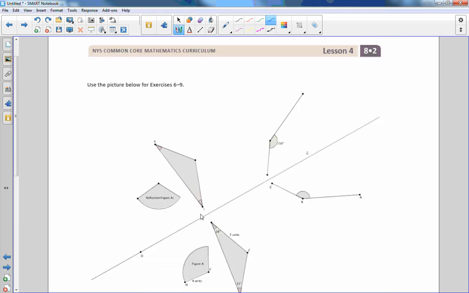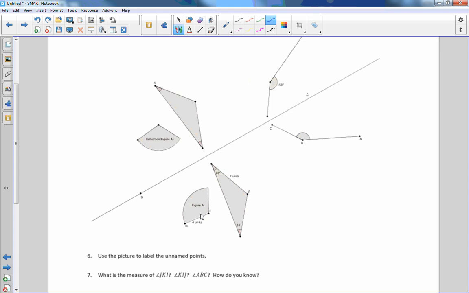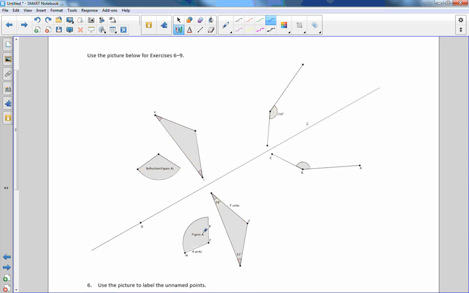And now it says use the picture below for exercises 6 through 9. It says use the picture to label the unnamed points. So I have a triangle reflected from here down to here, and this is R. So this would be R prime. This is I, or is that an I prime? I guess it is. It's hard for me to read that. Just give me 1 second.